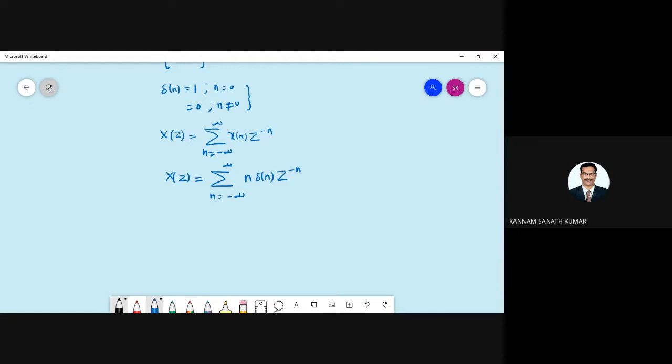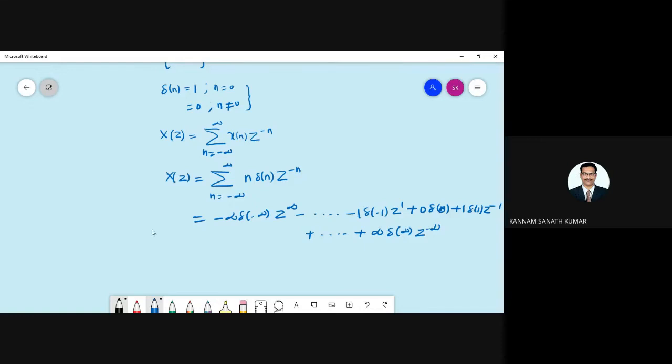Okay, so if you expand, what you are getting is minus infinity into del of minus infinity z power infinity, plus so on up to minus 1 into del of minus 1 z power 1, plus 0 into del of 0, plus 1 into del of 1 z power minus 1, plus so on, plus infinity into del of infinity z power minus infinity.